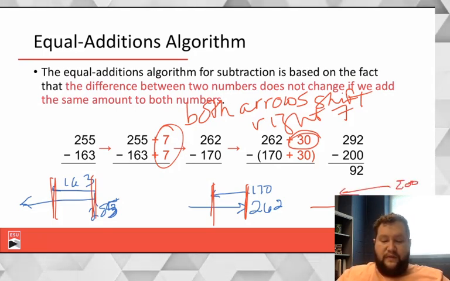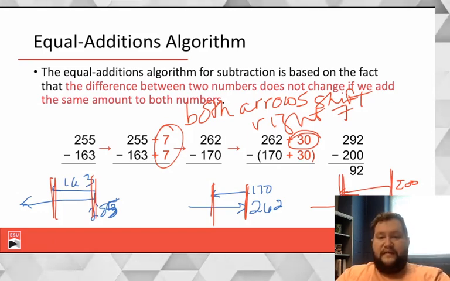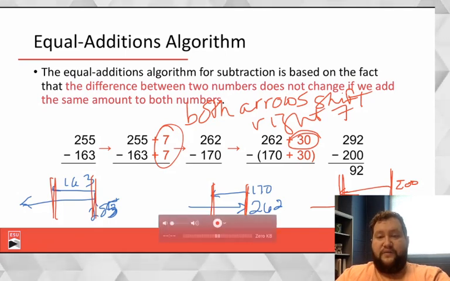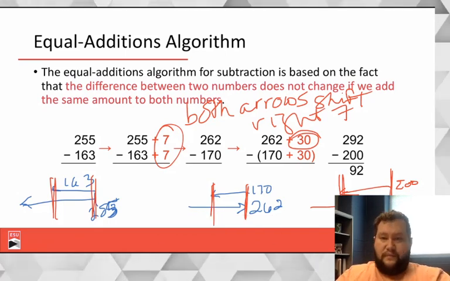And so what's interesting to see there then is it true that the distance between 292 and 200 is the same as 262 minus 170? Is that the same as 255 minus 163? So maybe take a second and type that in your calculator and make sure that those all do in fact equal 92.